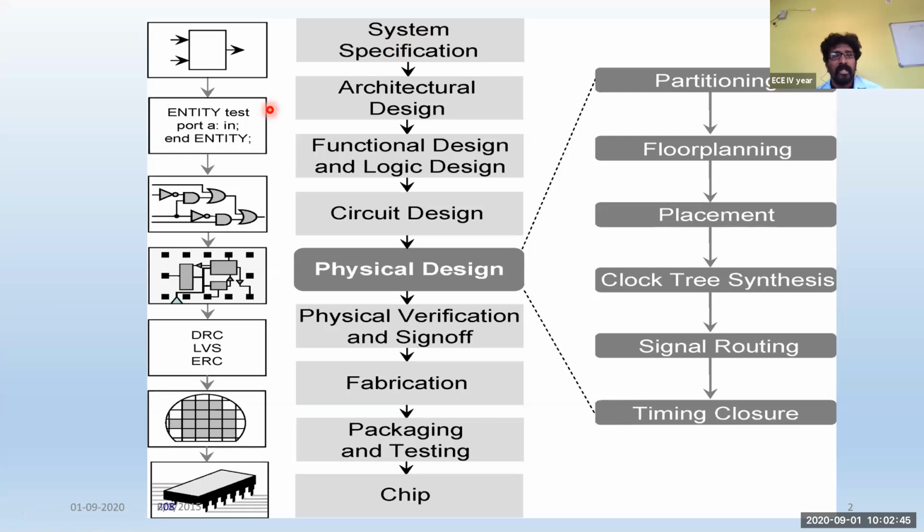The next part: once the designer gets the specification, he'll try to do it in three different ways. First, he can go with the coding part. He can program that particular specification by using VLSI programming languages such as HDL languages, which are again of two types: VHDL, very high speed integrated circuit hardware description language, and Verilog HDL.